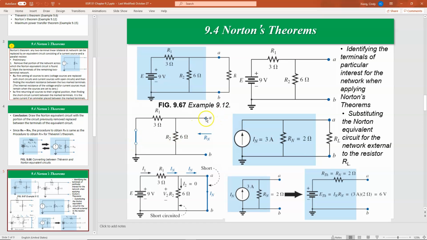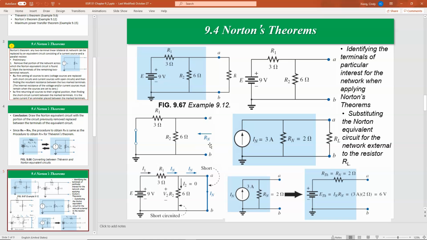Then we find the resistance between these two terminals A and B. Looking from terminal A, you could see R1 and R2 are in parallel. So you have 3 ohm and 6 ohm in parallel, and that will be 2 ohm. So you found your RN equal to 2 ohm. That is the first step.